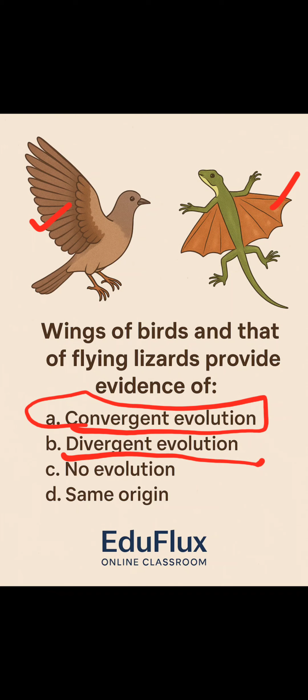Convergent evolution means different species, different ancestors sharing the same environmental condition. Such type of evolution is known as convergent evolution. So birds and lizards which have wings for flying but their origin different, such evolution is known as convergent type of evolution. I hope the concept related to homologous, analogous, convergent, divergent is clear.